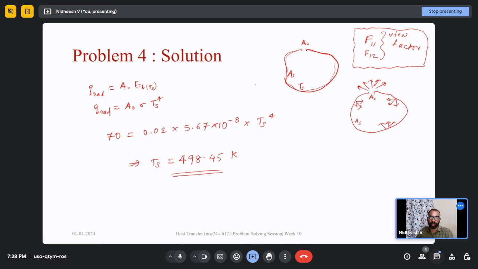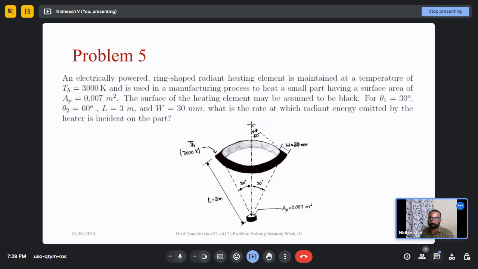So yeah, I think this part is clear. If so, we will proceed to the last problem for today, that is problem 5. Let me read out the problem statement.